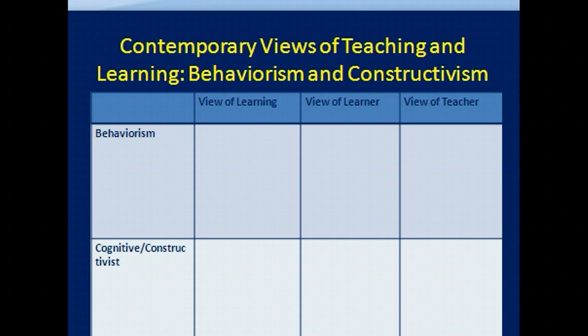What is the view of the learner from someone who uses a behaviorist approach? And what is the view of the teacher as a teacher in the behaviorist approach? And then do the same for cognitive or constructivist. So the view of learning, the view of the learner, and what's the view of the teacher, the role of the teacher, using each one of those approaches or views. And after you've done that, go to slide 49 and you'll see the answers.